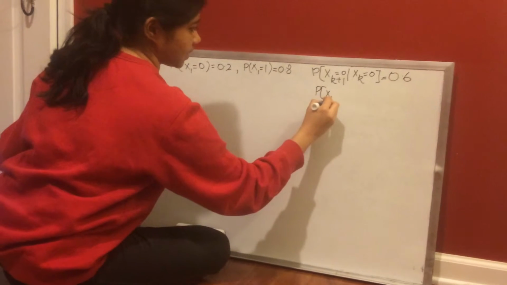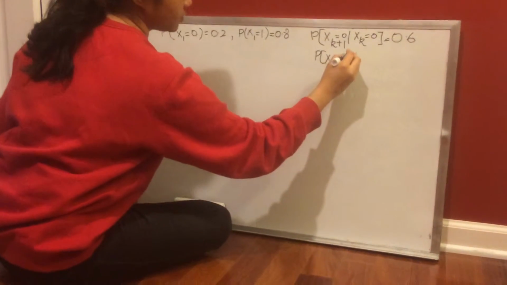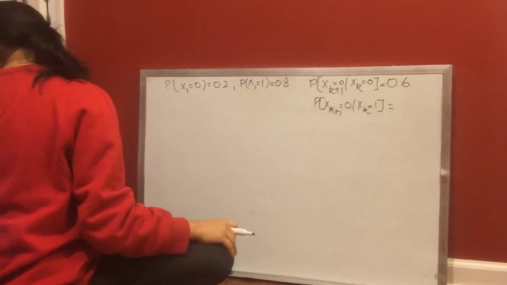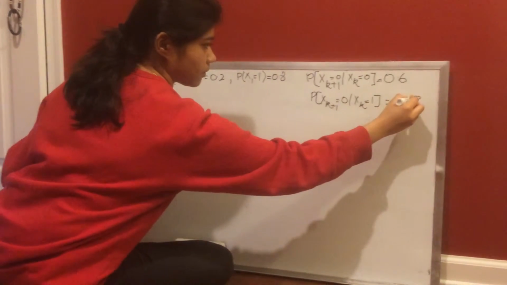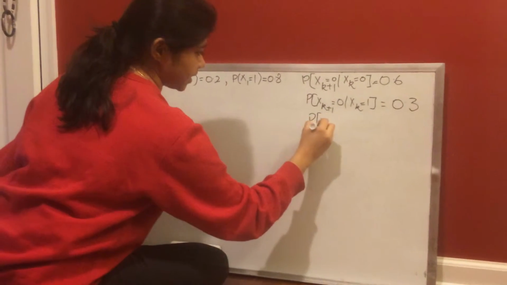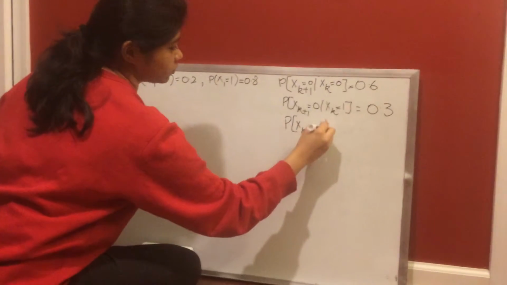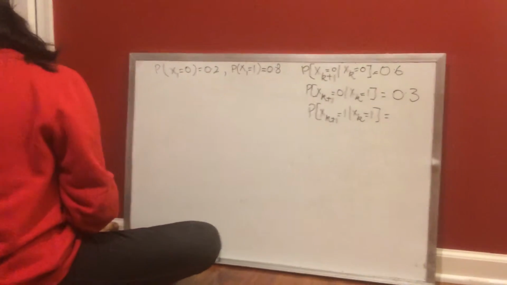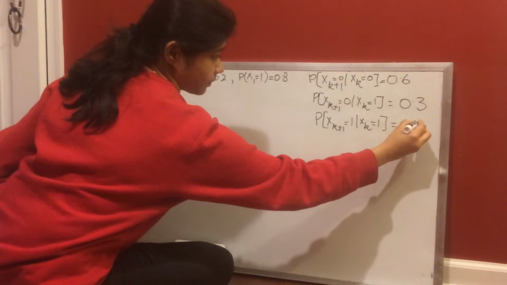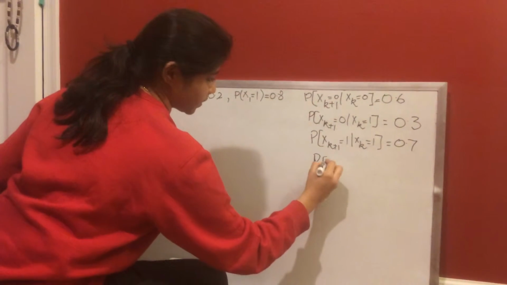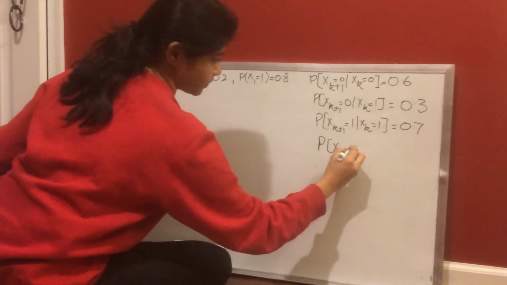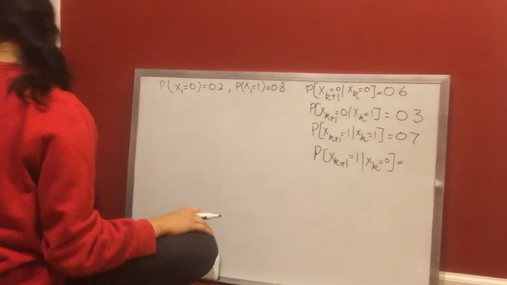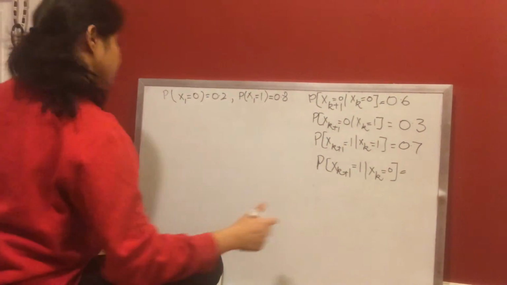Probability of xk plus 1 equals 0 given that xk equals 1 is 0.3. Probability of xk plus 1 equals 1 given that xk equals 1 is 0.7. And finally, probability of xk plus 1 equals 1 given xk equals 0 is 0.4.